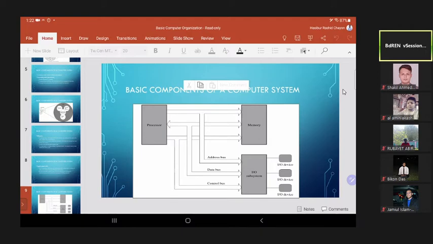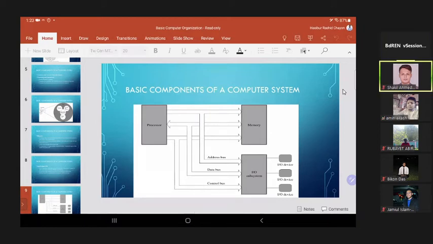And I think I told you yesterday why we use 2 to the power 16, 2 to the power 32, or 2 to the power 64. Because it is a binary system, and this binary system can have that many combinations.